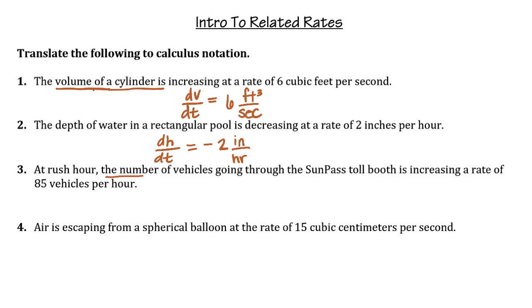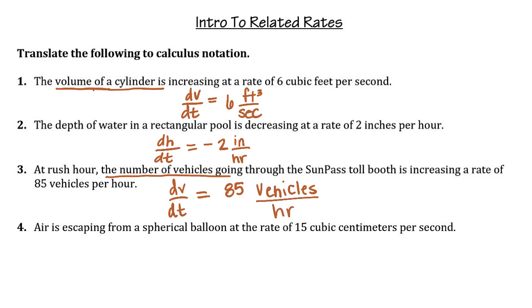So dV dt is going to be equal to 85. And then again, don't forget your units: vehicles per hour.